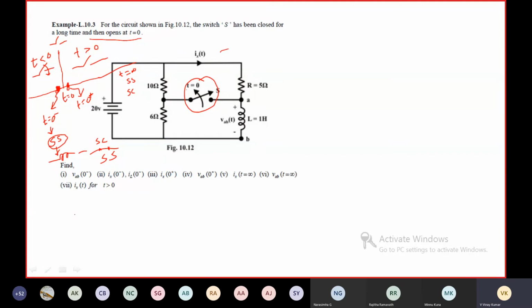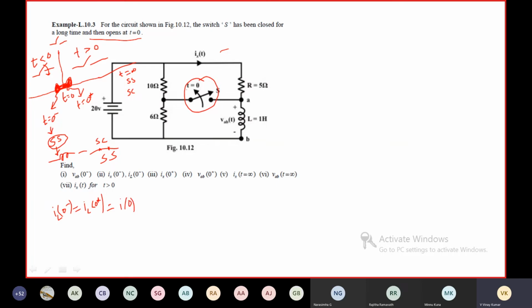You know the property of an inductor: current through the inductor cannot change instantaneously. Within zero time the current doesn't change, so whatever current is available at t equal to 0 minus, the same current will be available at t equal to 0 plus. We can say iL of 0 minus is equal to iL of 0 plus, which is equal to I of 0.